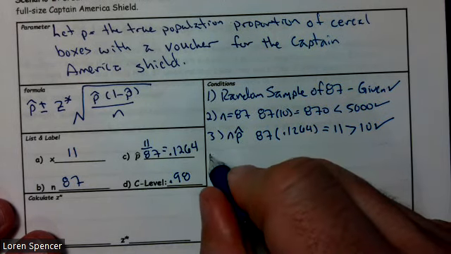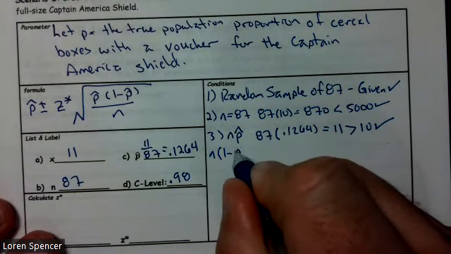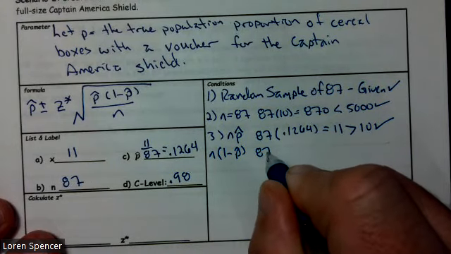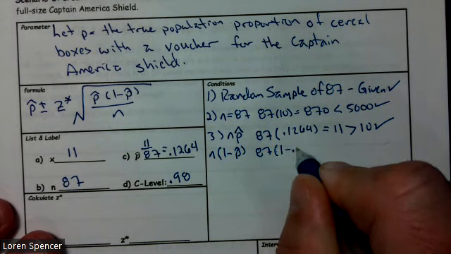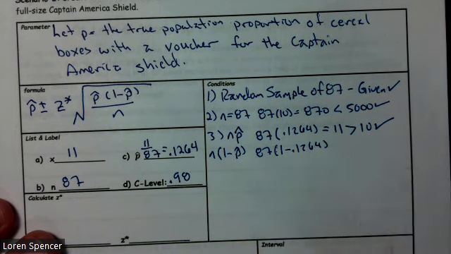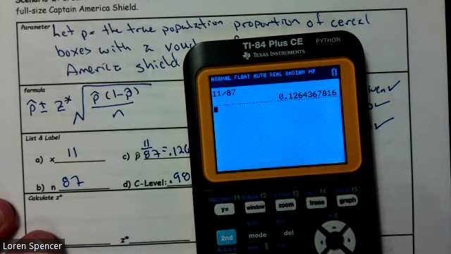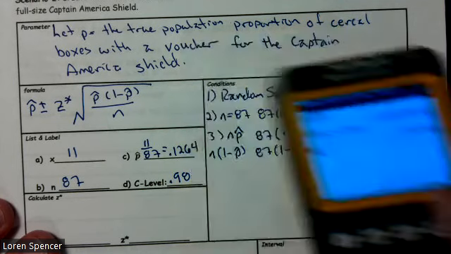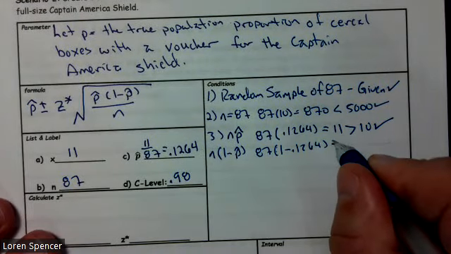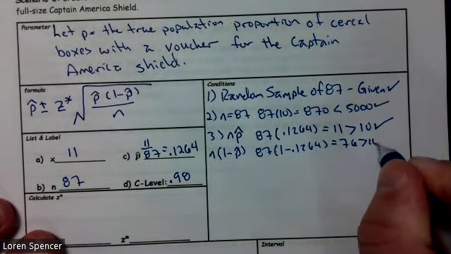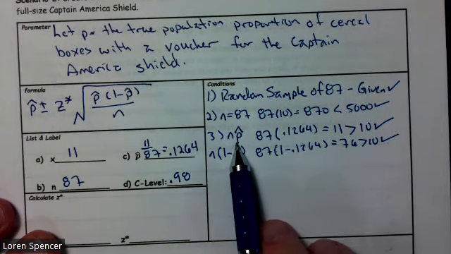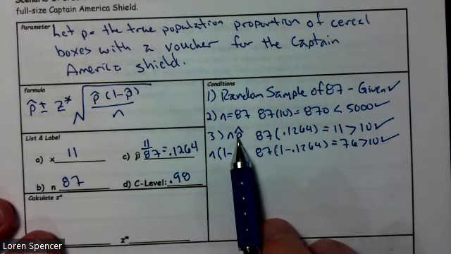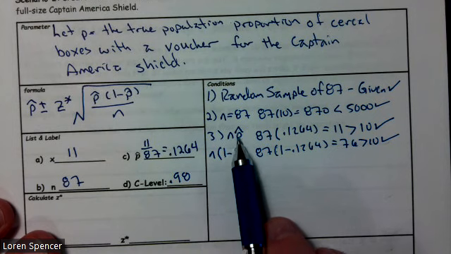Then we need n times 1 minus p hat, which is 87 times parentheses 1 minus 0.1264. We get about 76 boxes. That's also greater than 10, so we're good to go there. Please note, if it's a hypothesis test, this is a p. Confidence interval is p hat.